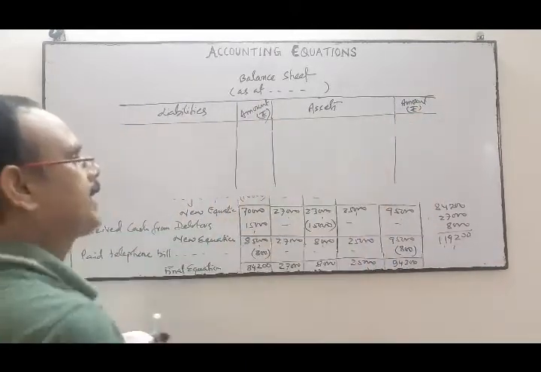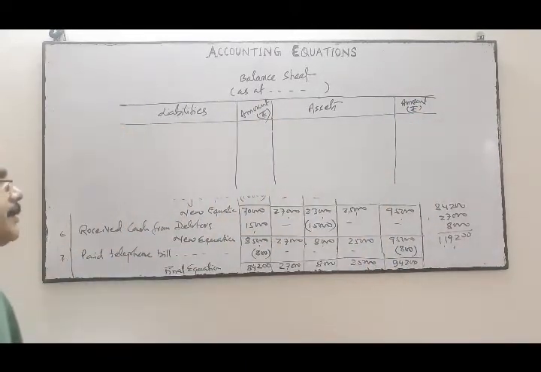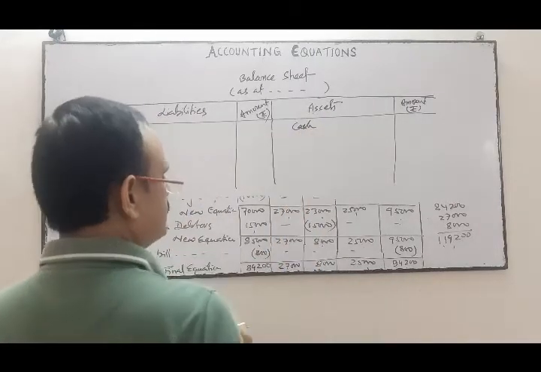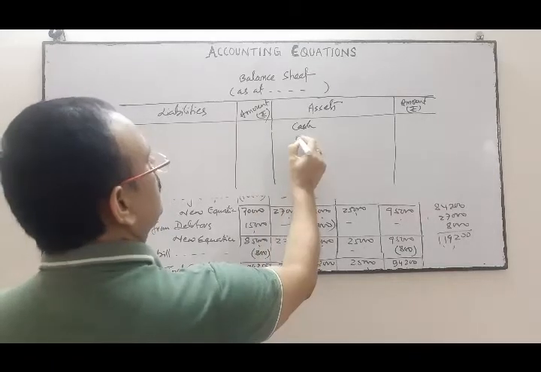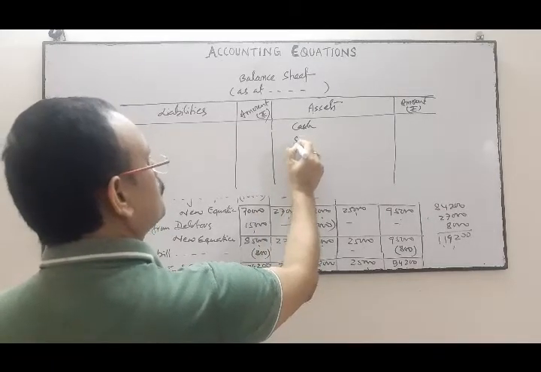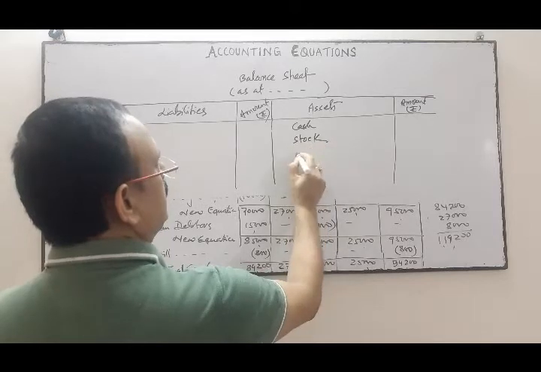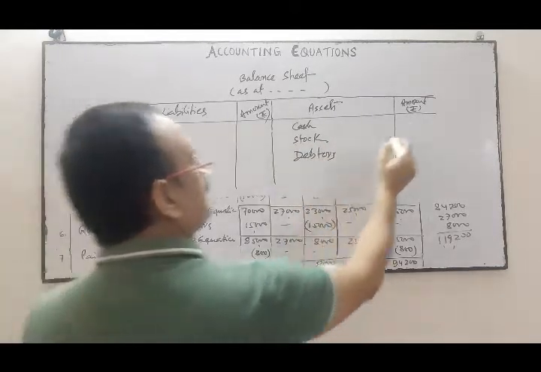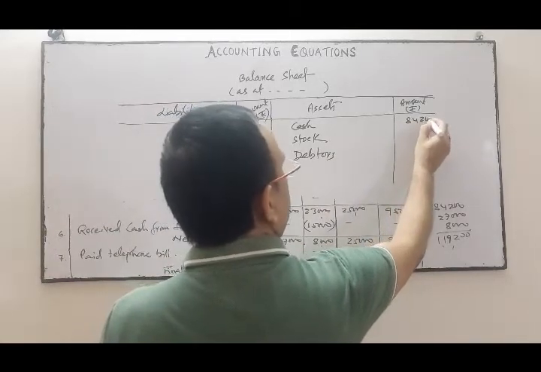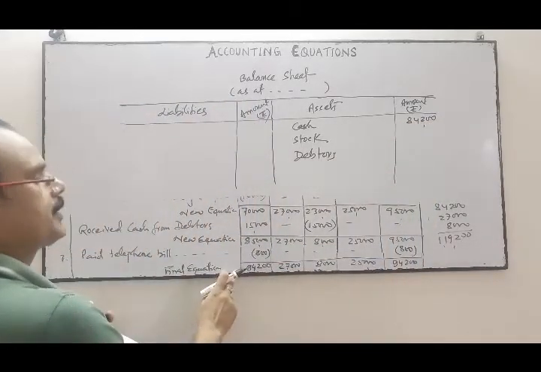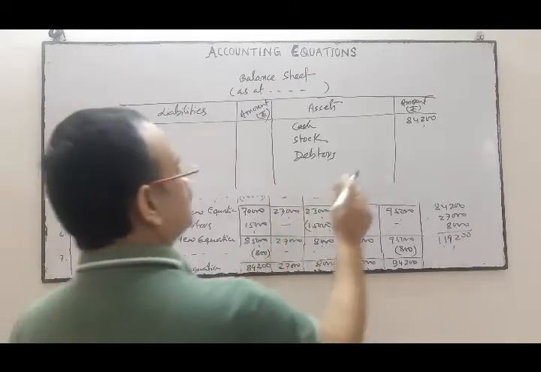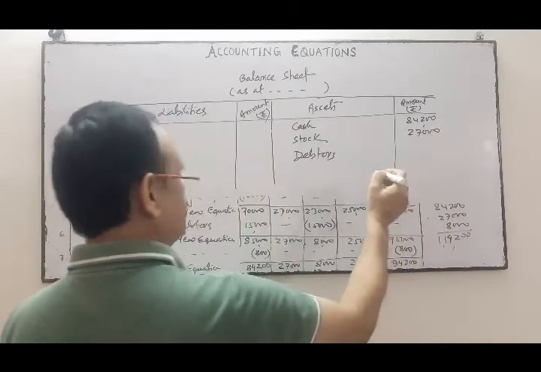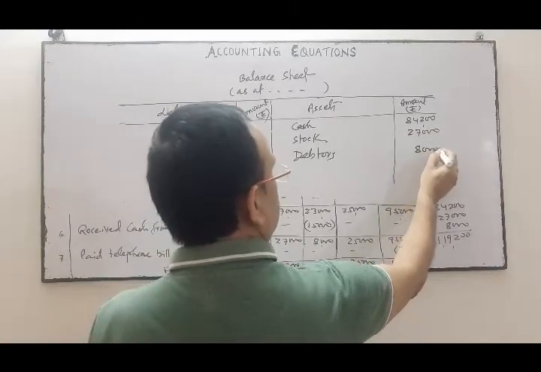So your right hand side is your assets. There were three assets: cash, then stock, then debtors. Cash balance is 84,200, the final figure from the final equation. Stock is 27,000 and debtors is 8,000.